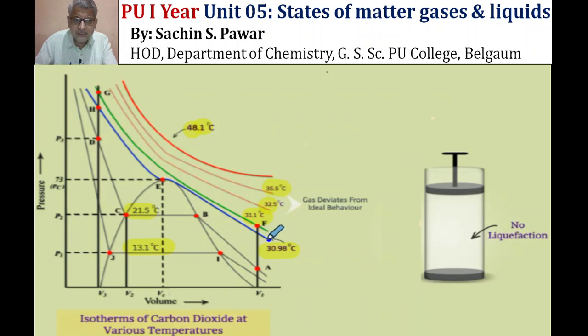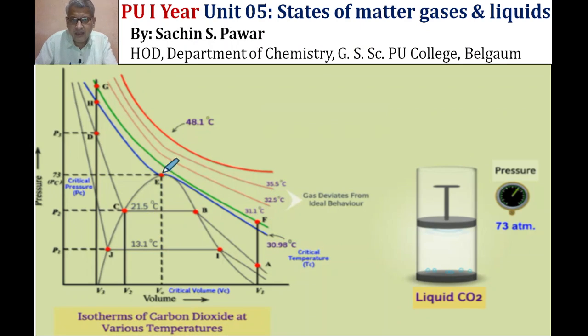As you decrease the volume, the pressure is increasing, and when you reach a point where the pressure is 73 atmosphere, you will see that the gas has started liquefying, and some blue colored particles you will see. The liquefaction has started.